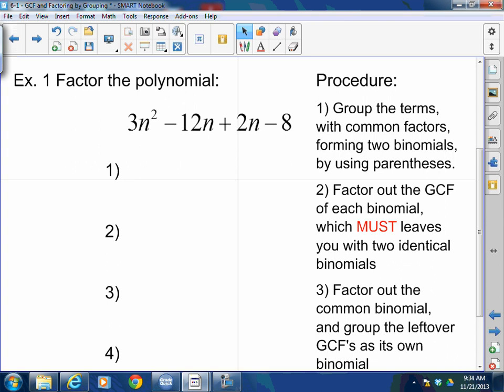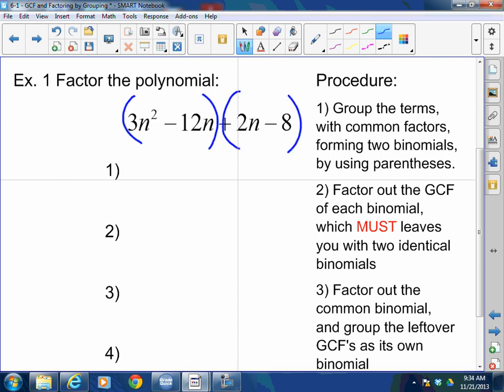Number 1, group the terms with common factors, forming 2 binomials by using parentheses. So I'm going to put a parenthesis here and here, and also here and here. Notice that I'm keeping that sign inside of the parentheses.